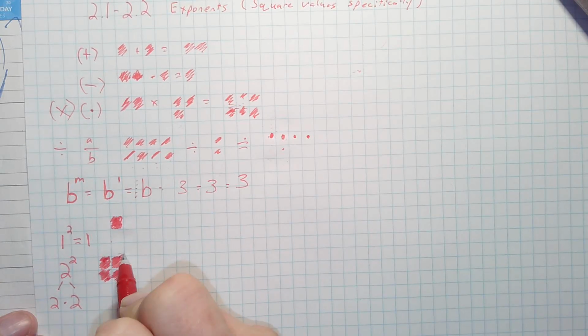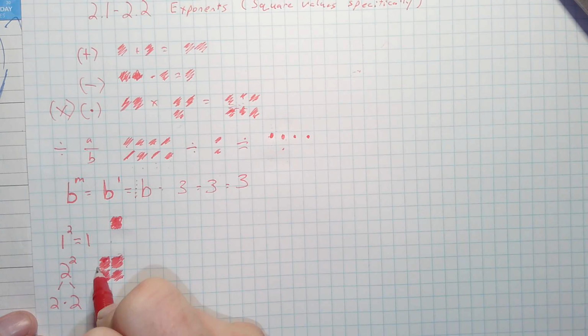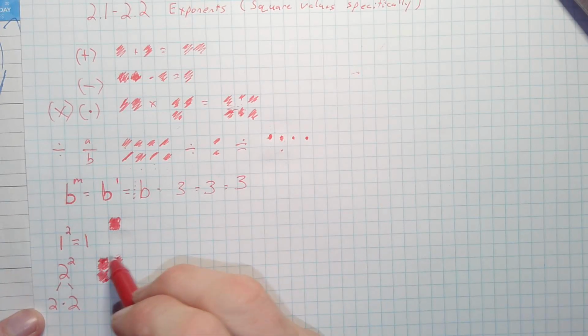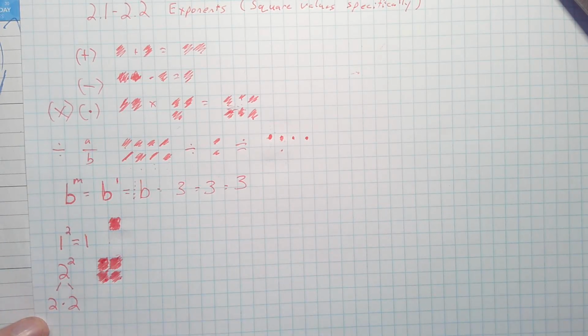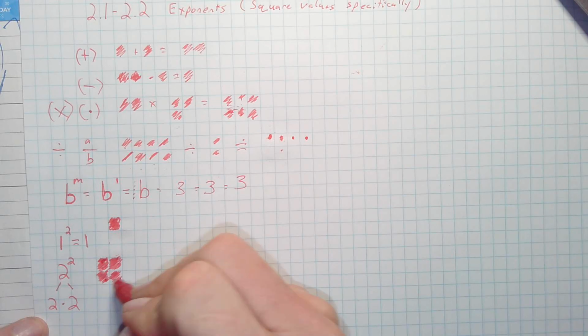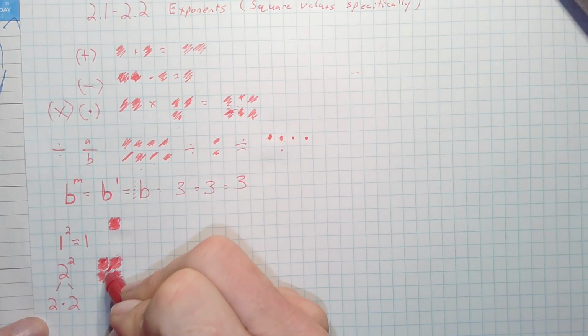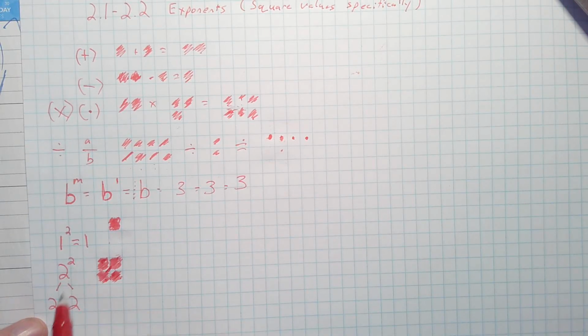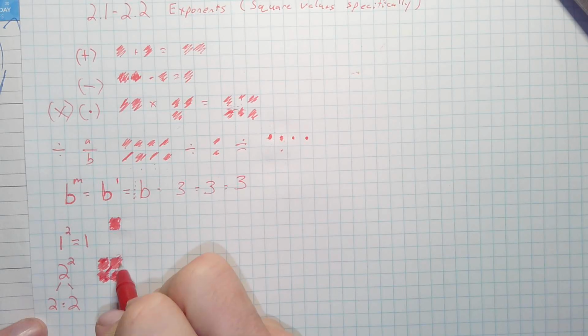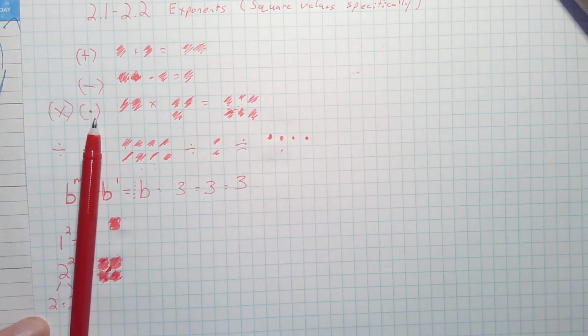So I have 2 times 2 this way, 2 times 2 this way, 1, 2, 1, 2, and I have 4 total. So that's 2 squared. Hey, look, I have a square. 2 squared is 2 times 2, which ends up being 4, and I have a perfect square.